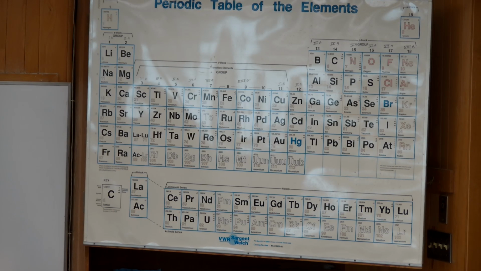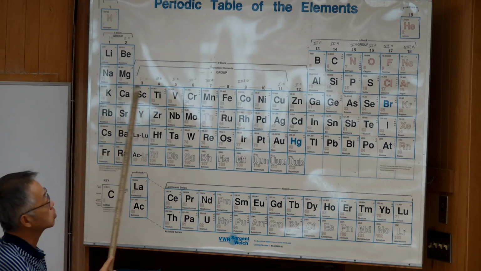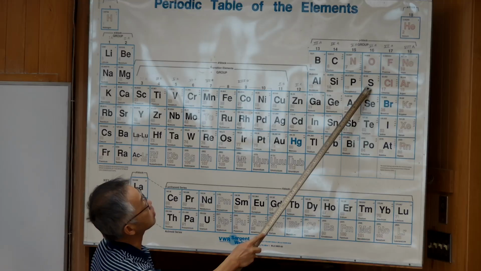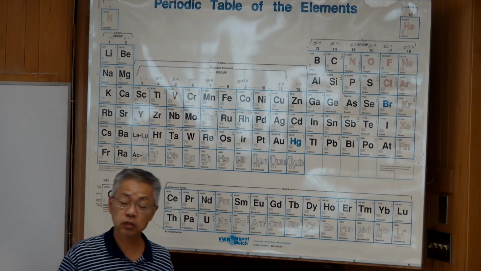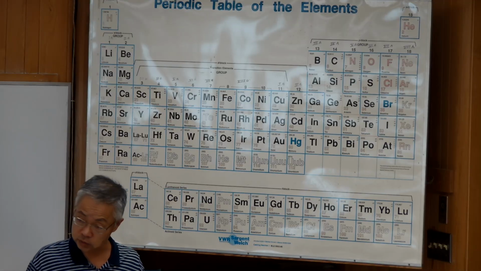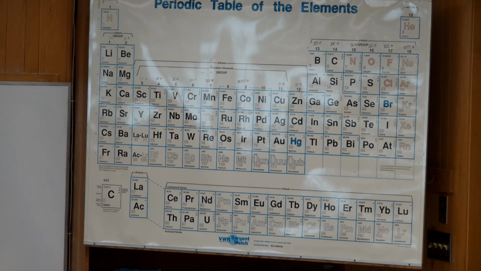Calcium 40.08, sulfur 32.06, oxygen 15.9994, just 16. So add these together. For the oxygen, you have 4 oxygen, so you need to add 4 oxygen there.